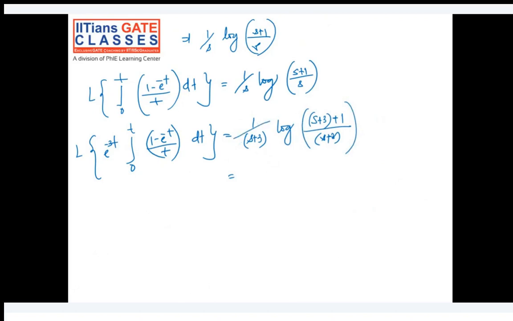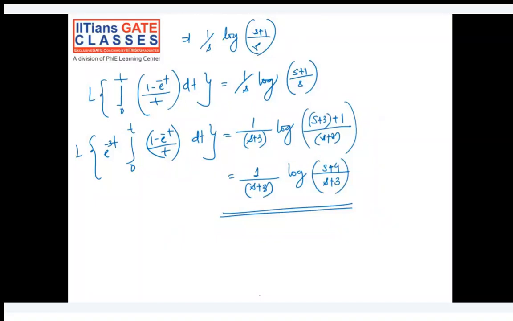So it will become 1 upon s plus 3 log of (s plus 4) divided by s plus 3. This is the final answer.